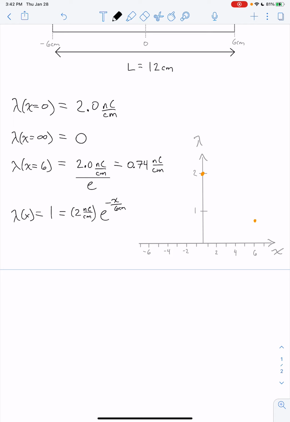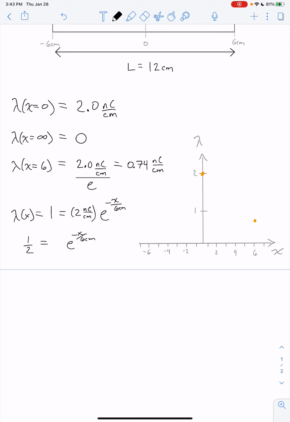Okay, and so here what I'm doing is, well, now I got to solve for x. So that's not a big deal. What I'll do is I'm going to take the 2 nanocoulombs and divide that out. That'll be the first thing I do. So I have 1/2 is equal to e to the negative x over 6.